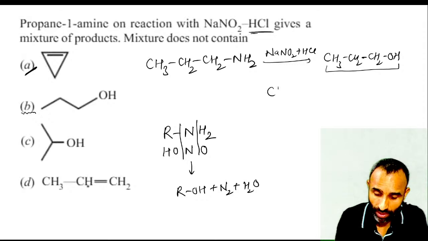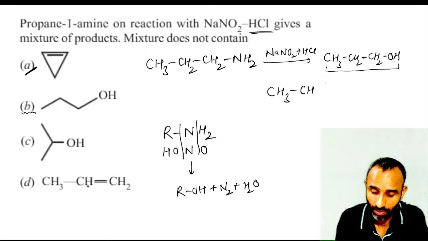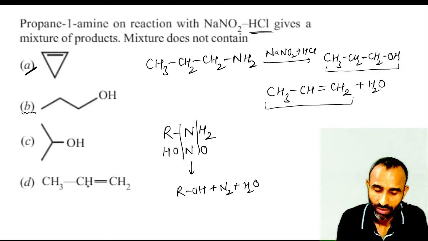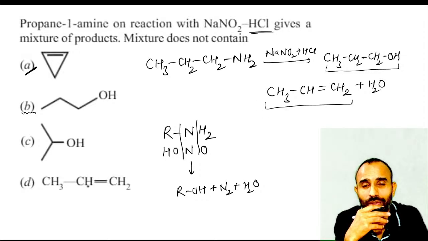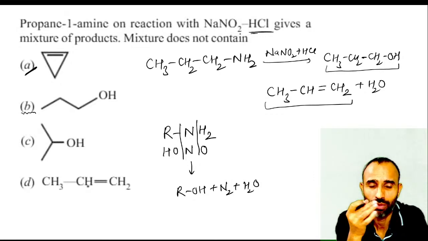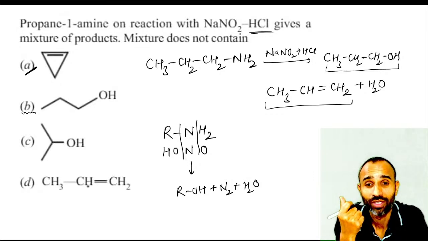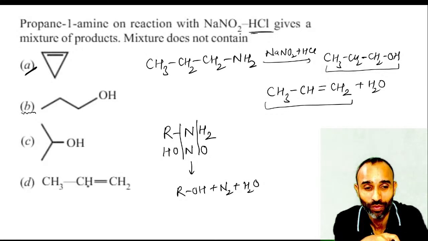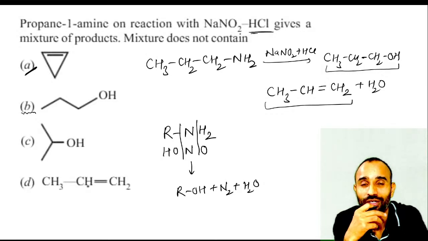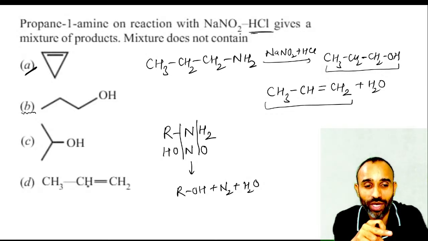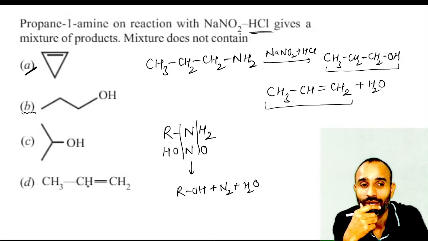Actually, when you have this type of structure, there may be an elimination reaction. To some extent water is removed. So there is a possibility, but the major product is B. Here we are forced to include it, forcibly we are including D, because A could not be formed because cyclopropane is least stable.